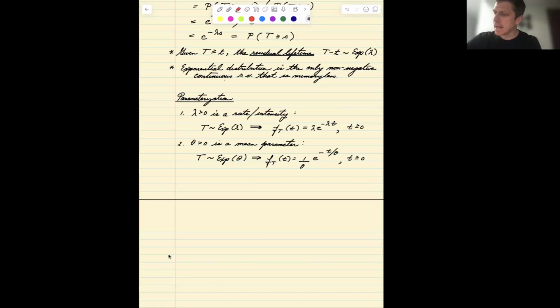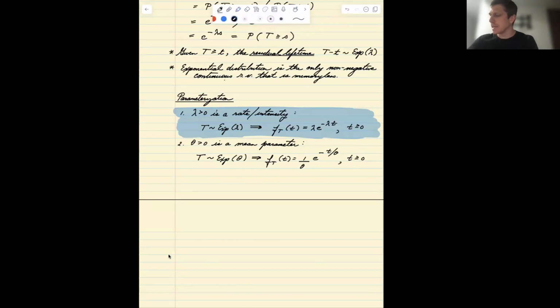In this class, I will always talk about the rate case. This is the more natural case, and this is what you'll see in most probability textbooks. But some statisticians prefer using the mean parameter because statisticians are focused on means more often. Don't get confused.